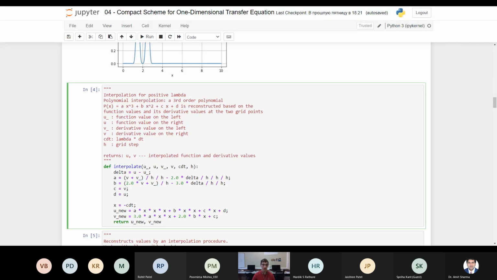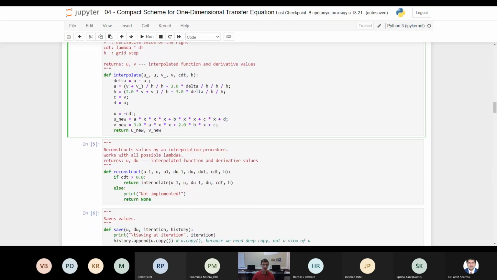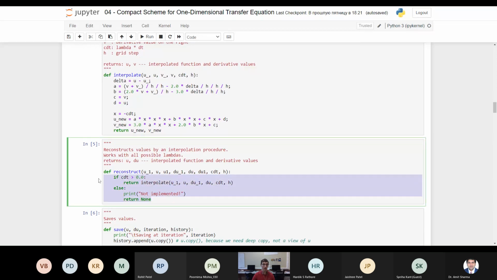We only need to know the distance between the points, which is given here as an argument of function. So this is just an auxiliary function which reconstructs the value at the next time step by interpolation.